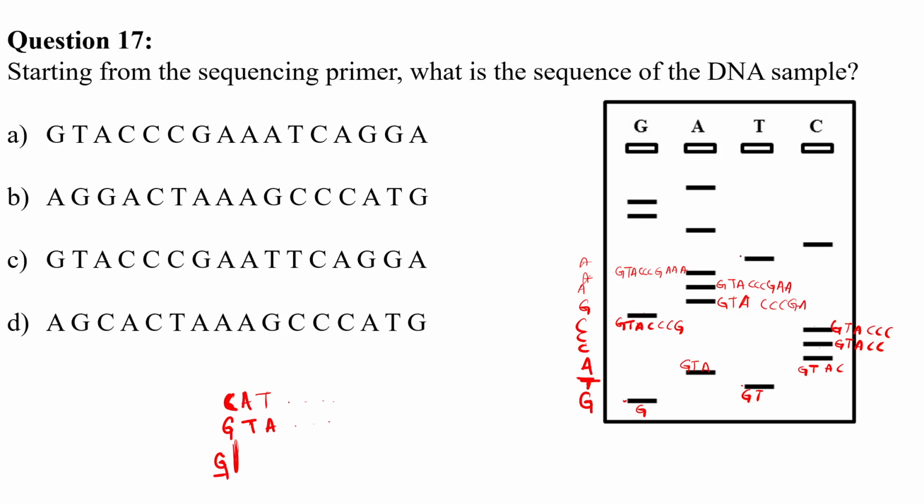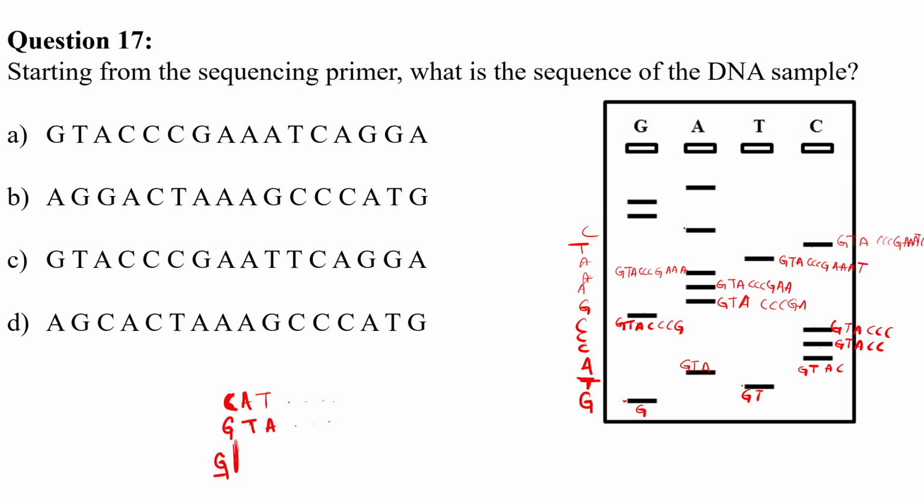Then the next residue is T, so this fragment corresponds to G, T, A, triple C, G, triple A, then T. Then next is C, so this is G, T, A, triple C, G, triple A, then T, then C.